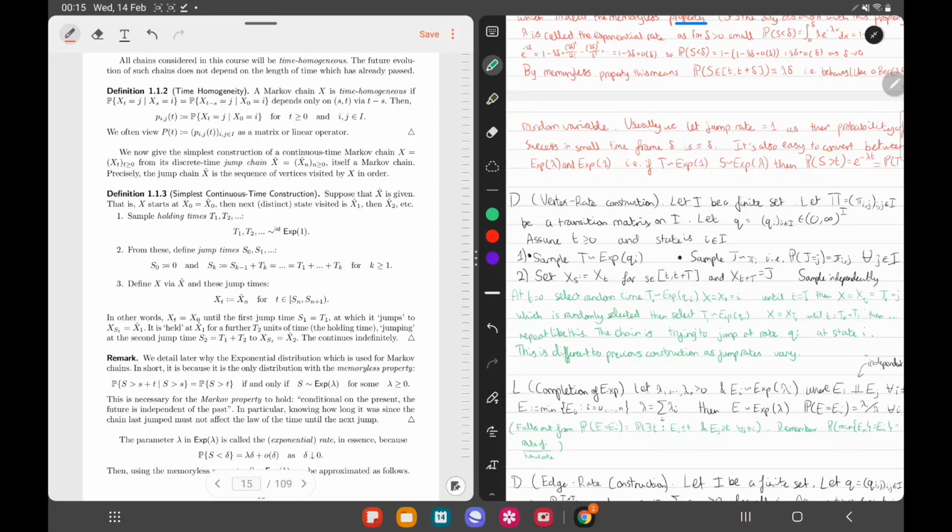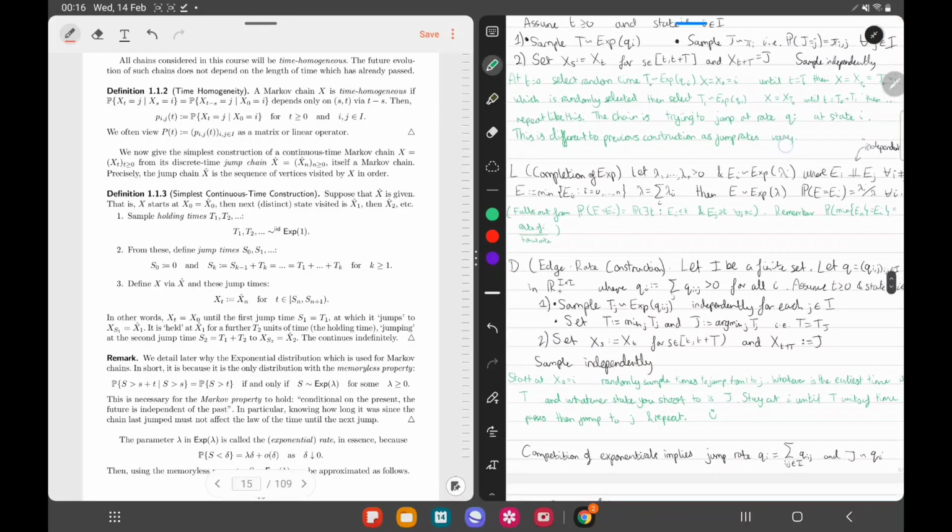So rather than having your times dictated by an exponential random variable where the parameter stays fixed, your time is exponential but varying with a different rate. That's not too complicated. I don't really care for the vertex rate construction. I care more about the next stuff that he mentions.